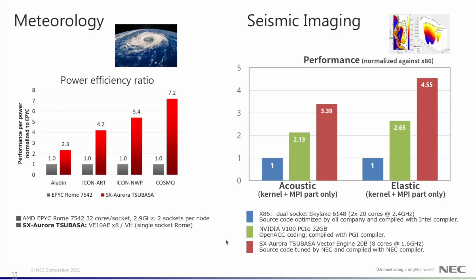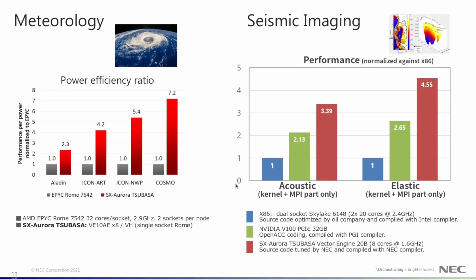Another benchmark example from meteorology shows that using a limited amount of power will give you a factor of 2 to 7 in performance with SX-Aurora Tsubasa compared to Epic Rome nodes.